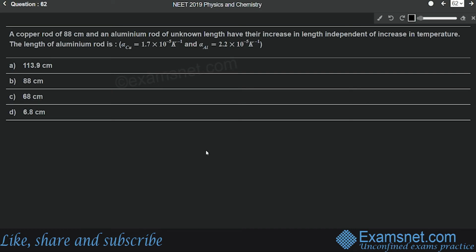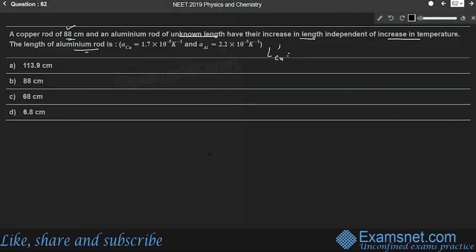Question number 62 is from the chapter Thermal Properties of Matter, and the question is, a copper rod of 88 centimeter and an aluminium rod of unknown length have their increase in length independent of increase in temperature. The length of aluminium rod is, okay, so the length of copper is given and we have to find out the length of aluminium rod. Okay, so what will be the new length of copper rod after expansion?